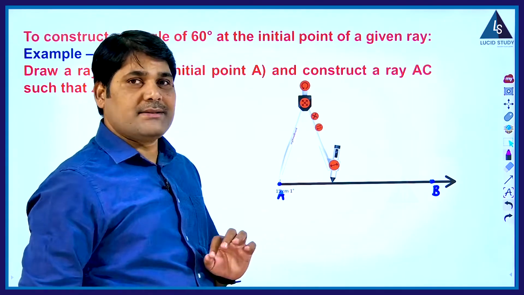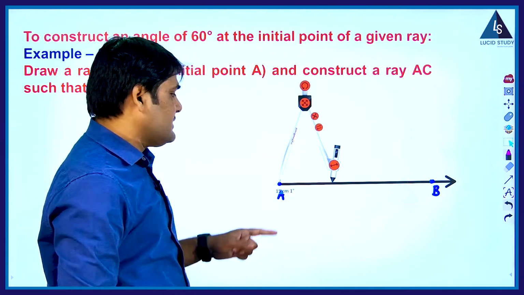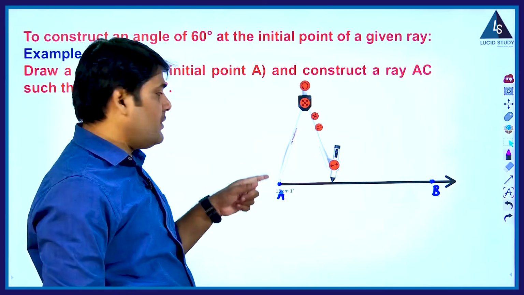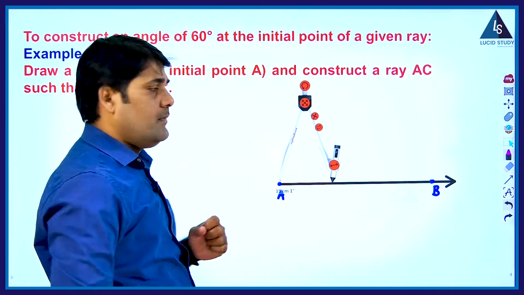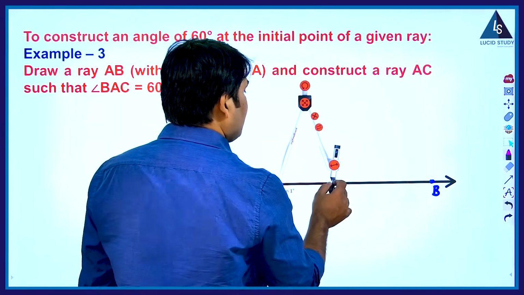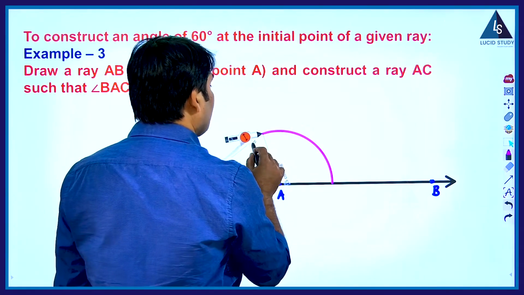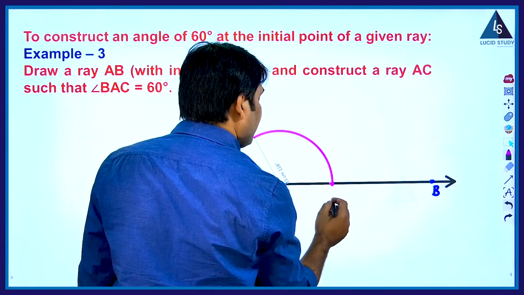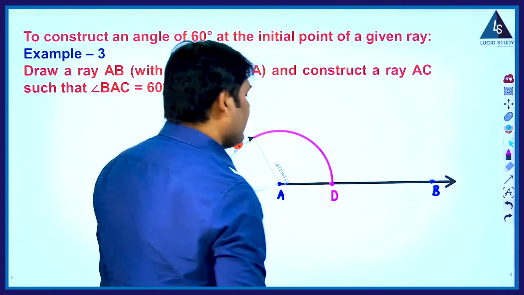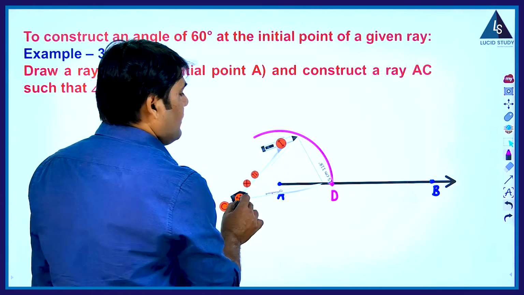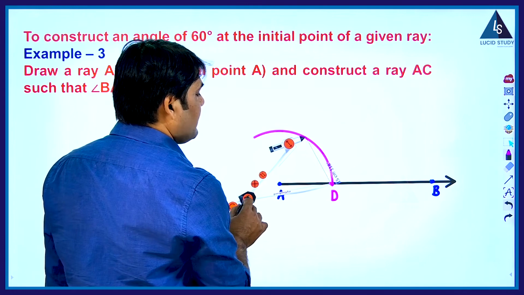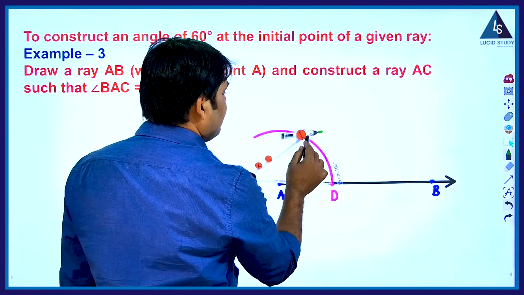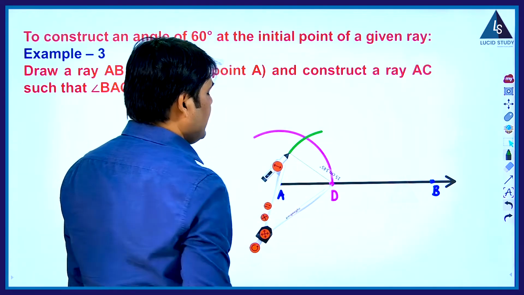Now take the compass. Where we have to construct 60 degrees? At A. So keep your compass needle on A. By taking this as center, construct an arc like this. Wherever it intersects this ray AB, that is the point D. Now place your compass needle at D. Now intersect this arc with the same radius.